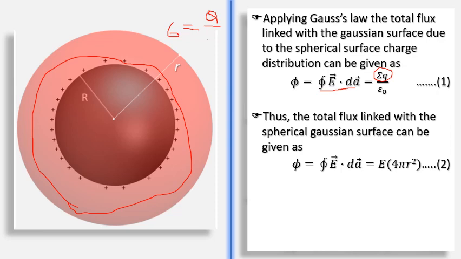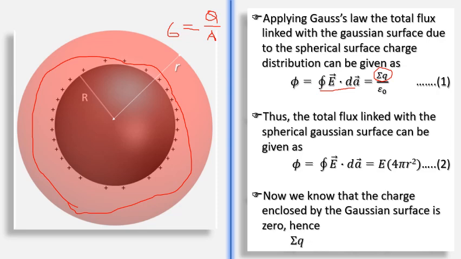You can take sigma q to be capital Q, the total charge, or else you can take sigma q to be sigma into A. Right now we go with the second option, and we'll consider sigma q to be surface charge density into area. Now which area is this? This is the area where you have your charge. We have charge on the spherical shell, so we'll consider the area of the spherical shell, and hence we have capital R here.